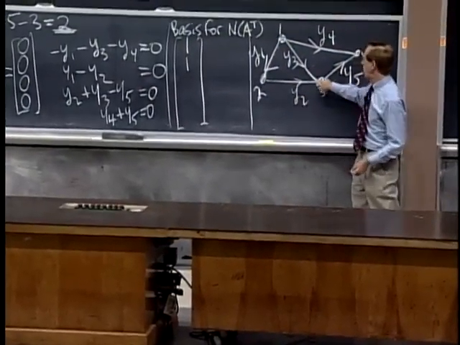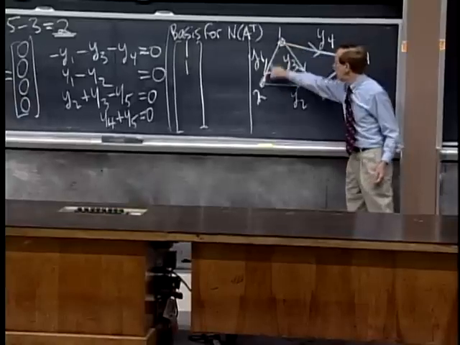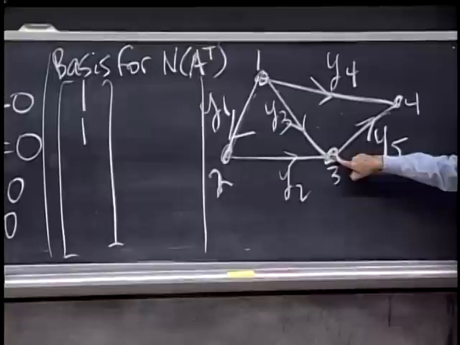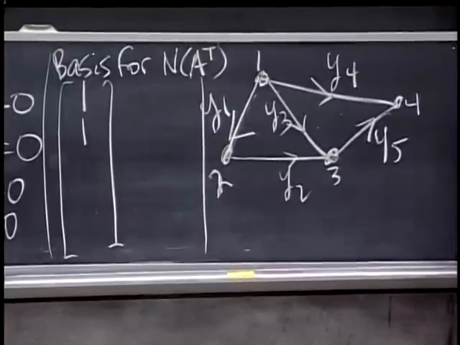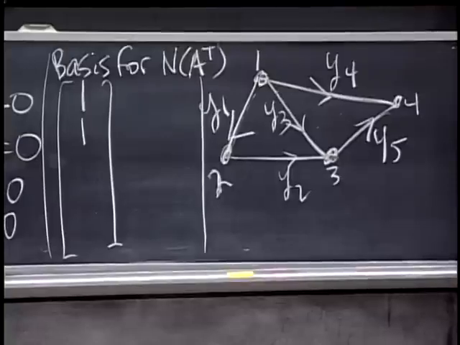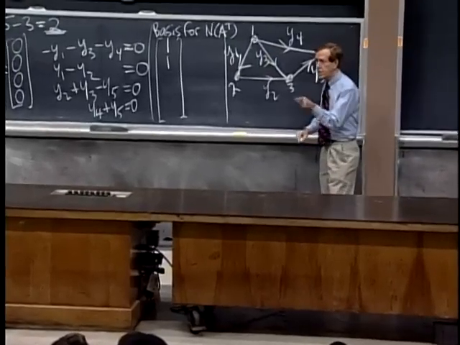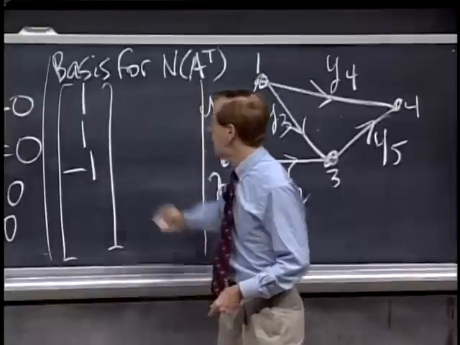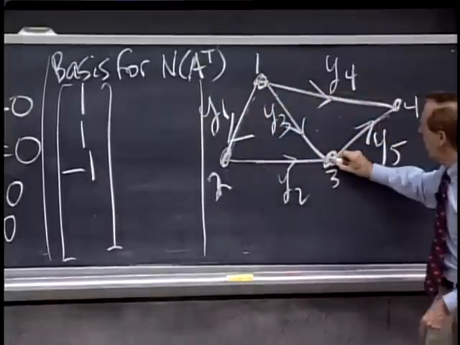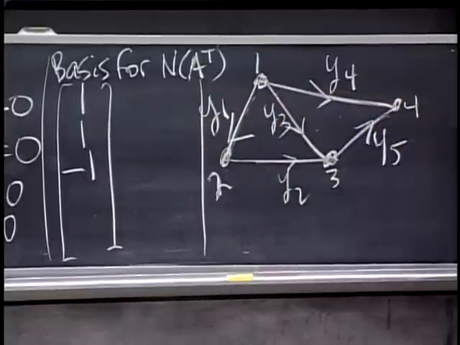Now we've got 1 amp leaving node 1, coming around to node 3. What shall I take for Y3? Well, I've got a choice, but why not make it, what you said, -1? So I have just sent current 1 amp around that loop.